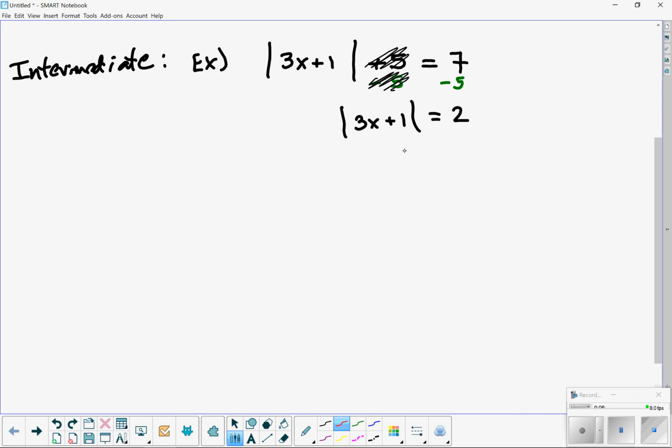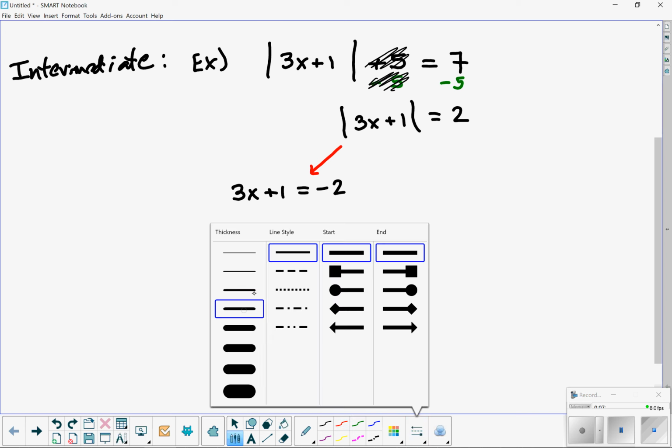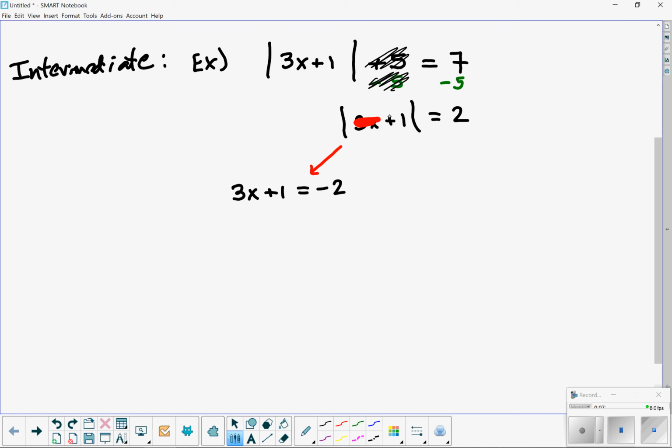Now I'm able to say my inside is going to equal -2. So I'm going to write my inside, 3x plus 1, that's going to equal -2, because if the whole thing becomes -2, the absolute value of -2 is still 2. So that still does work.